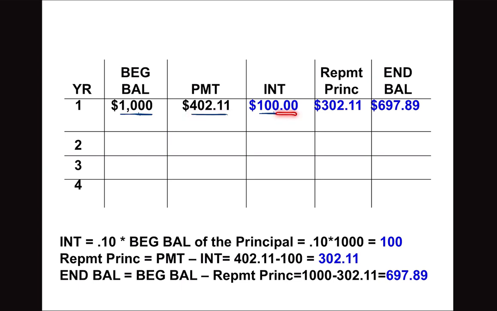We subtract how much goes towards interest. So we're paying $302.11 towards our principal. So the ending balance of our principal is that $1,000 minus the $302.11. So we have $697.89 left. That's the ending balance of year one. So it's going to be the beginning balance of year two.